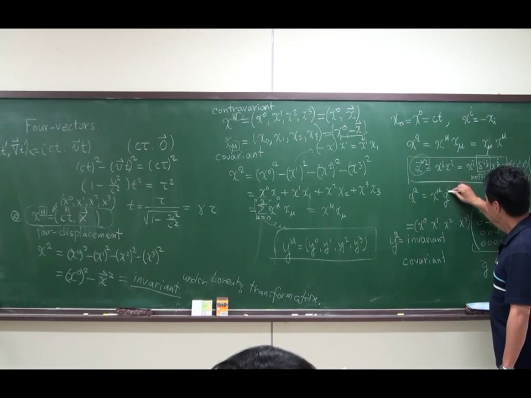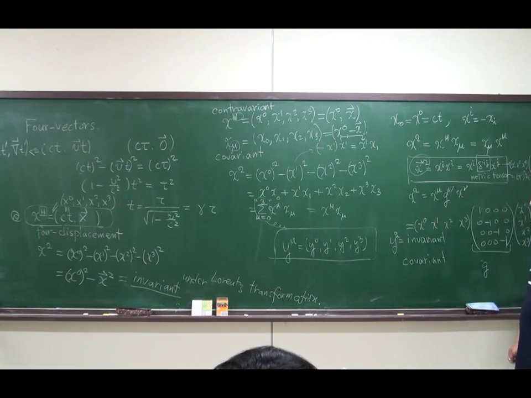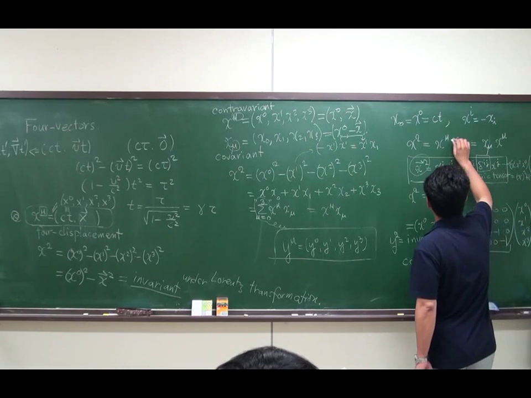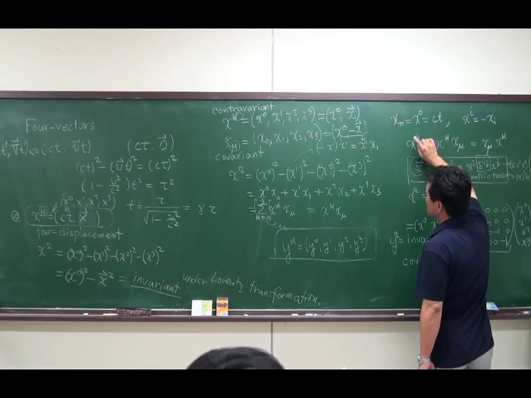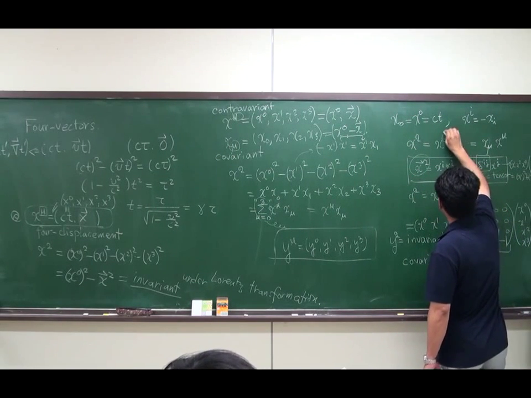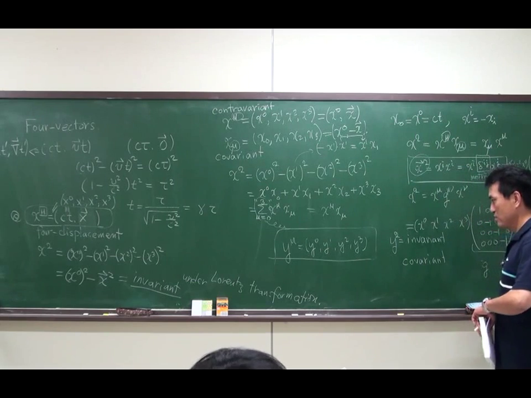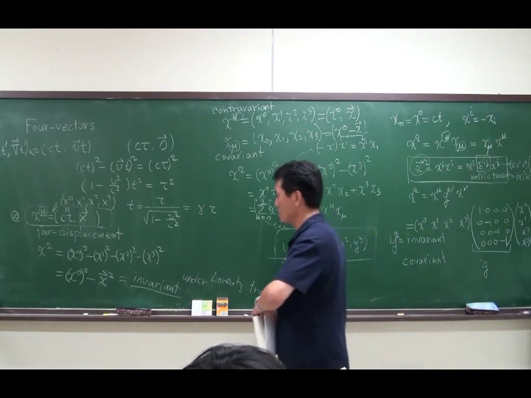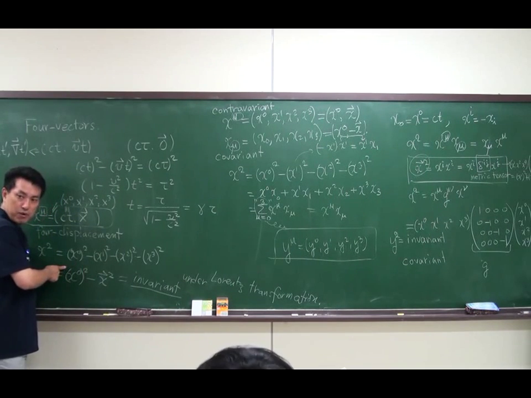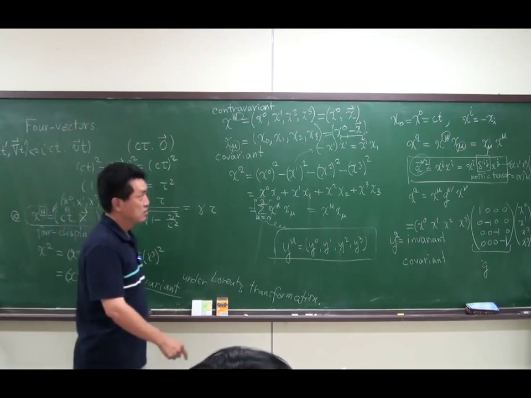However, what happens if I write it like that? It's the same, but our convention is that when I square a four-vector, one index must be up and the other index must be down, because I have to take into account the sign difference for the time part and the spatial part.